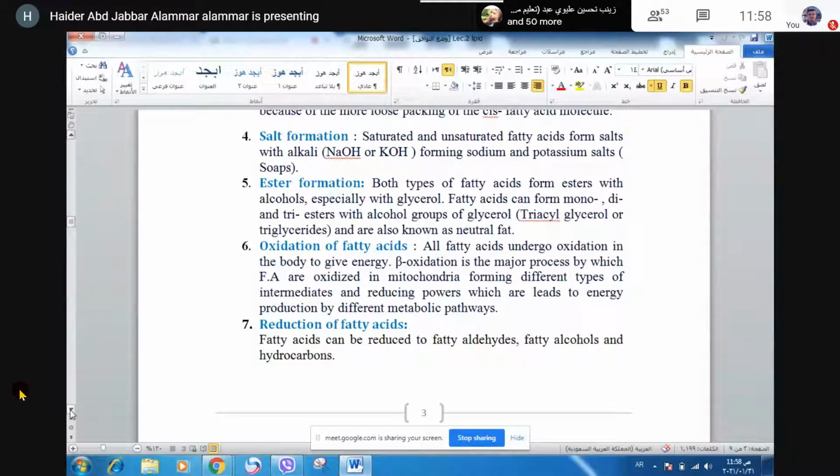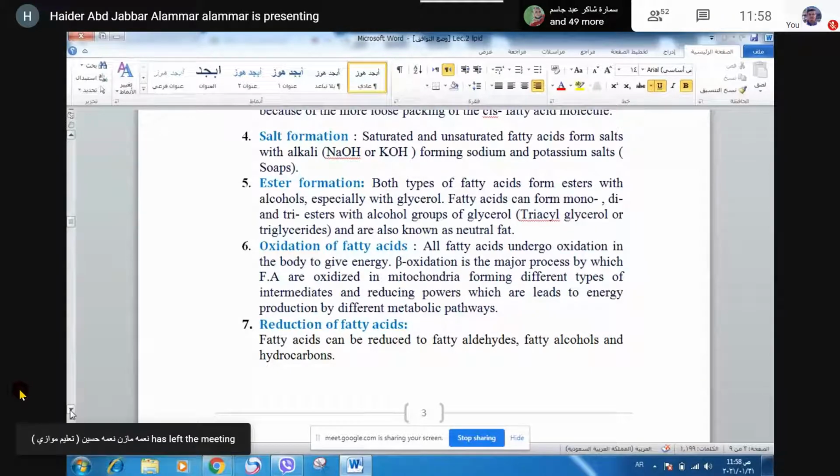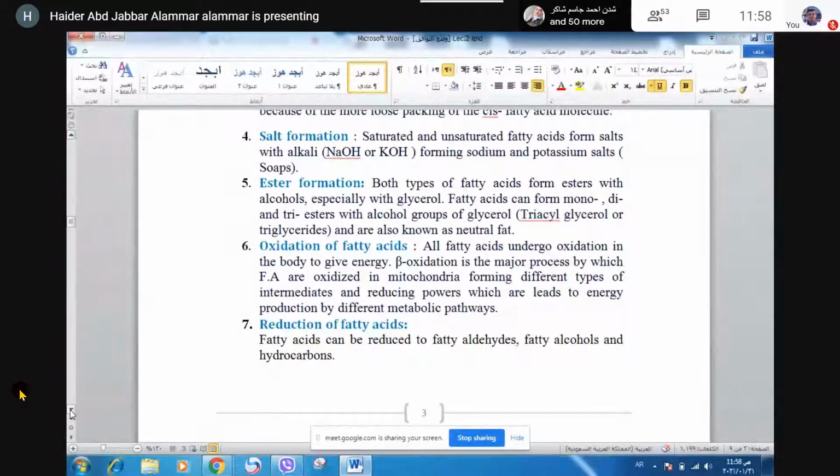Pyruvic acid is converted by the pyruvate dehydrogenase enzyme to acetyl coenzyme A, which enters the citric acid cycle, and each single molecule of acetyl coenzyme A entering the citric acid cycle yields 12 ATP.